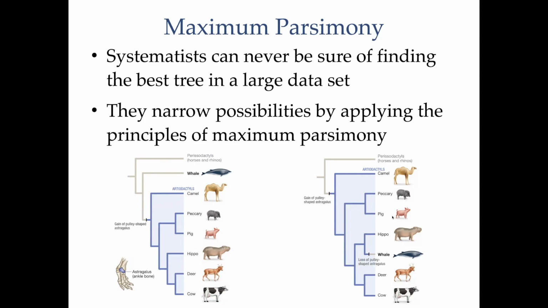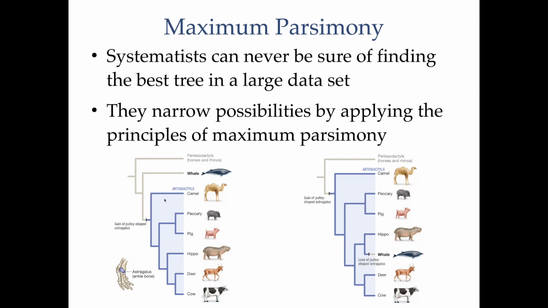Now, if the whale is actually related to the hippo and it's inside this tree, we're going to have the ankle bone appearing here once and then disappearing here. So we had two changes occurring: one, it appeared, and then it disappeared.